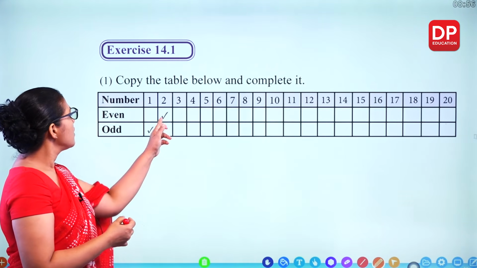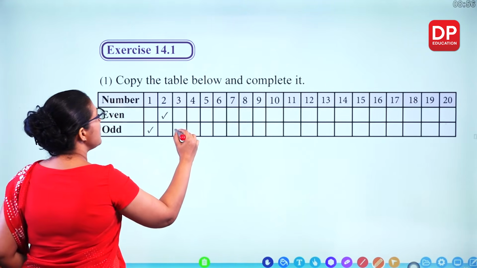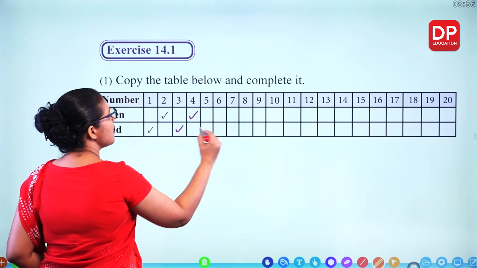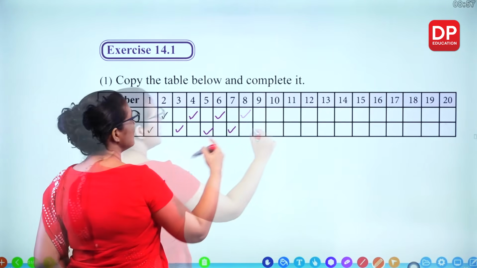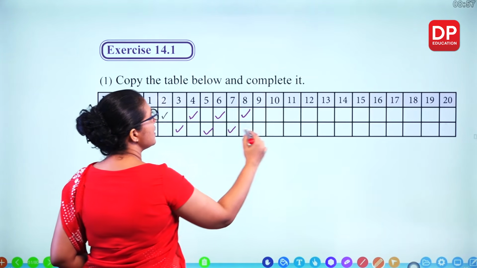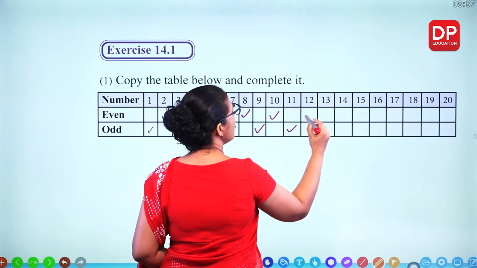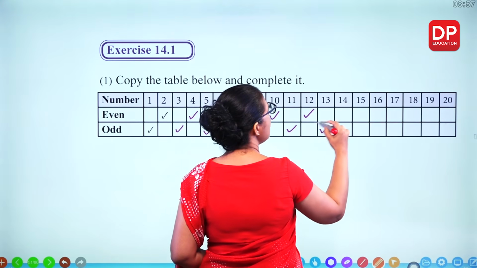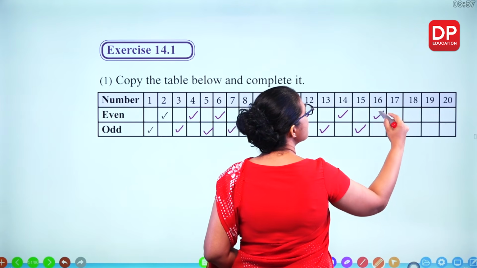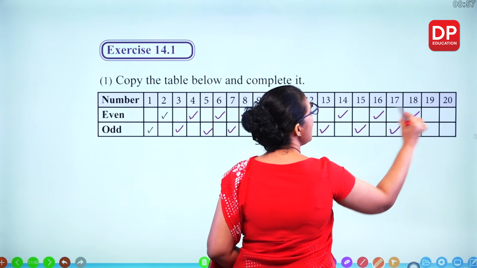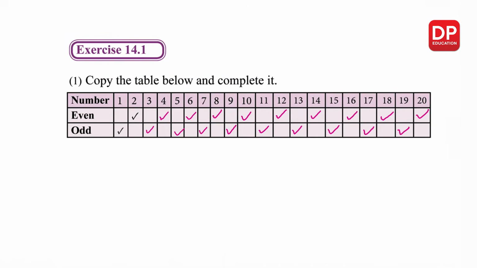First 2, it's already done. 1 is odd, 2 is even. 3 is odd, 4 is even. 5 odd, 6 even. 7 odd, 8 even. 9 odd, 10 even. 11 odd, 12 even. 13 odd, 14 even. 15 odd and 16 even. 17 odd, 18 even. And 19 odd and 20 even.